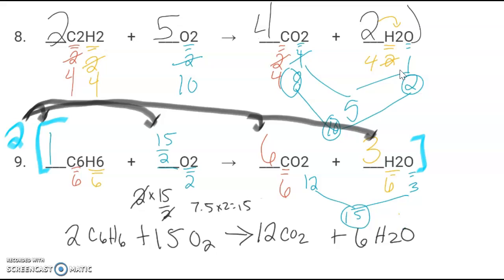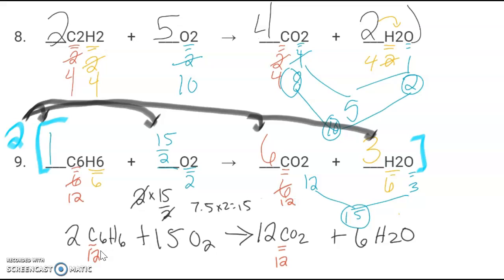Just to double check that we're equal now, on the bottom of these, if we have 2 times C6, that's going to be 12 carbon. 12 times 1 carbon is going to be 12. So these 6's are now 12's when we double it.